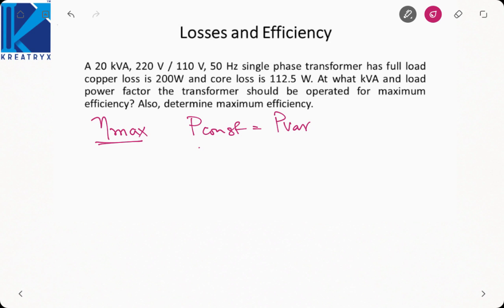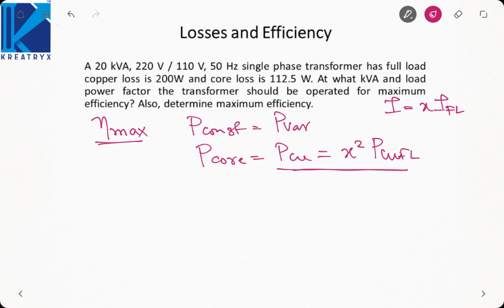In a transformer, the constant loss is core loss, which must be equal to copper loss, or we can say equal to x square PCU FL. Why x square? Because if current becomes x times IFL, copper loss, being proportional to current square, I square R, will become x square, which means x equals square root of P core by PCU FL.